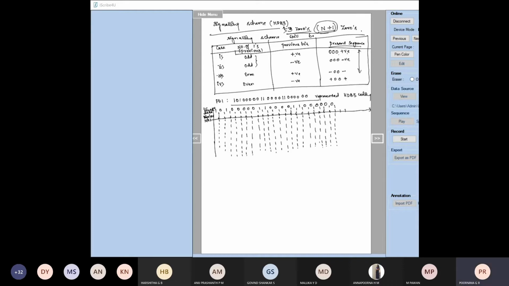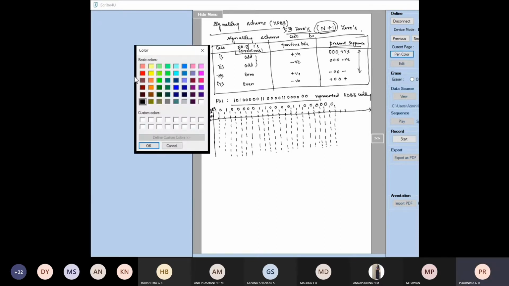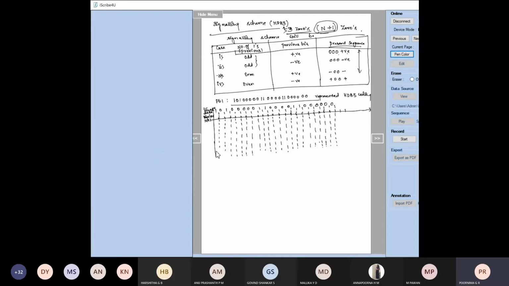Now let me change the pen color. First, bipolar non-return to zero. If I take this first one as a positive pulse, it goes to 0.